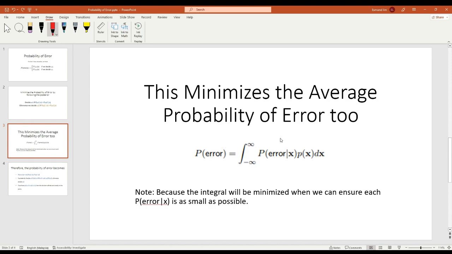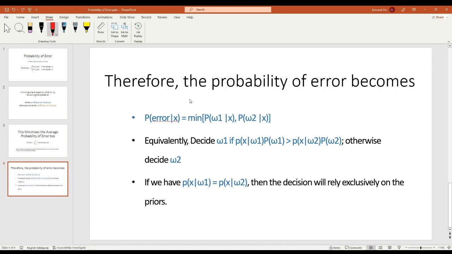So this is the formula. The integral will be minimized when we can ensure each probability of error given x is as small as possible. Therefore, the probability of error becomes equal to the smaller of the two posteriors.